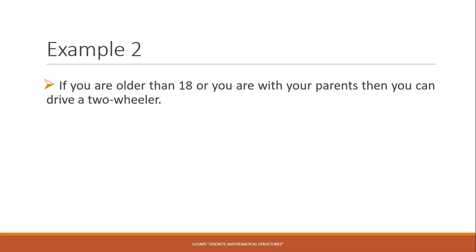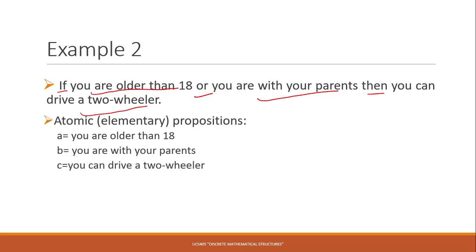Suppose we have a sentence: if you are older than 18 or you are with your parents, then you can drive a two-wheeler. Logical connectives in this sentence are if, or, and then. So three logical connectives are there. Elementary propositions are you are older than 18, you are with your parents, and you can drive a two-wheeler. So let us assume three variables for these three propositions.